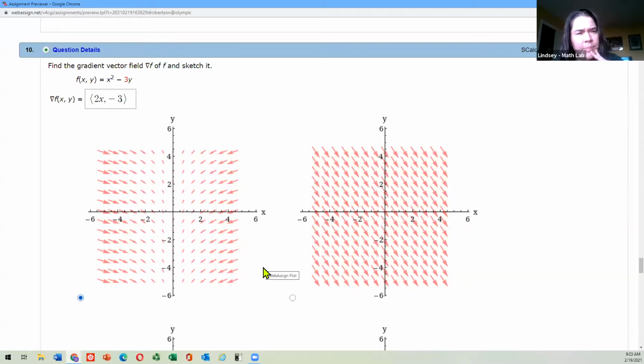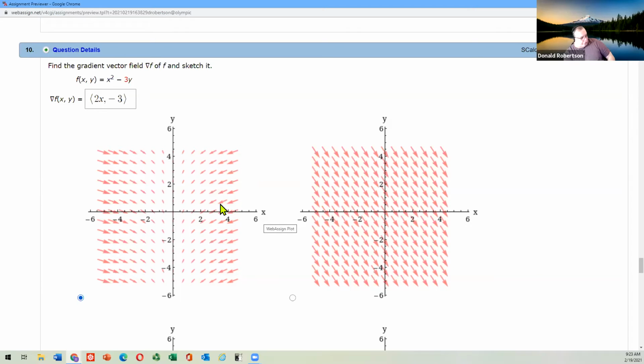Well, in the positive x, I'm noticing in quadrants 1 and 4, it's like a downward slope. Well, shouldn't a guy in quadrant 1 be 2x and then down 3? Shouldn't it be pointing from top left to bottom right?